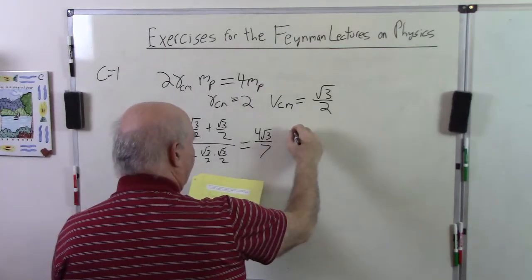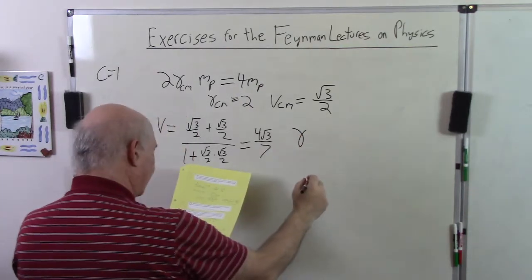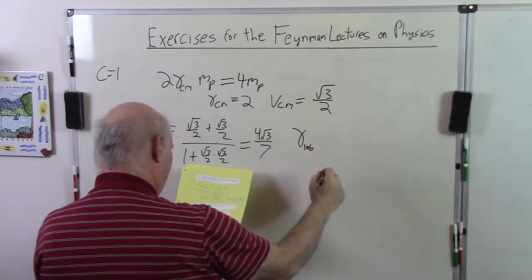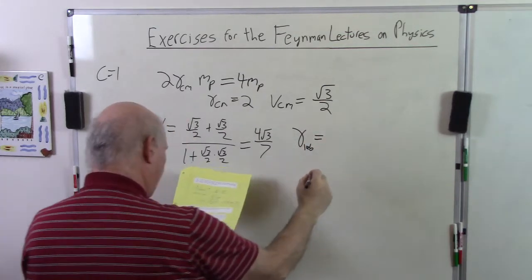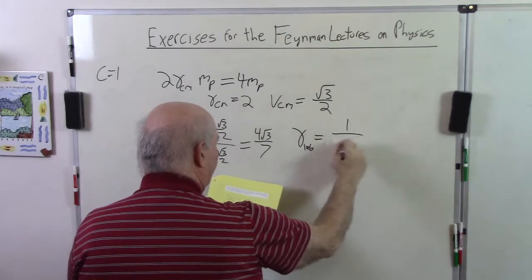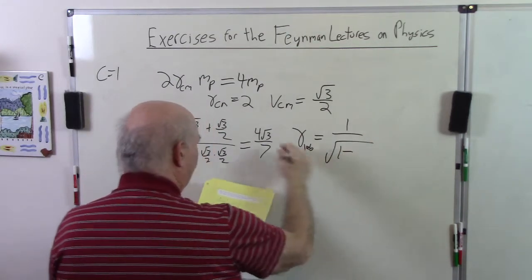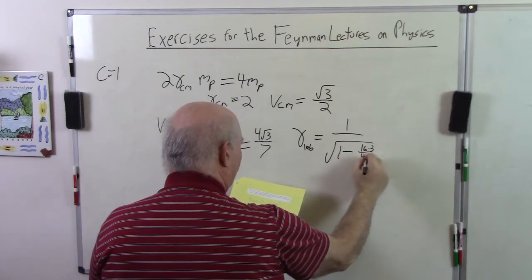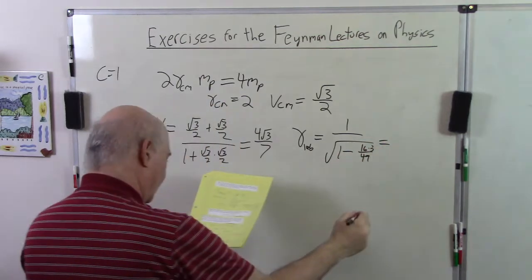Then if we want to know the energy, we need to know the gamma of the lab, which is equal to 1 over the square root of 1 minus 16 times 3 over 49. And this is equal to 7.